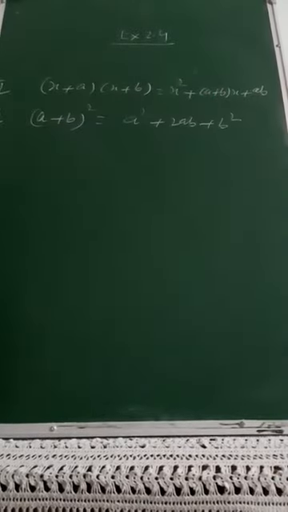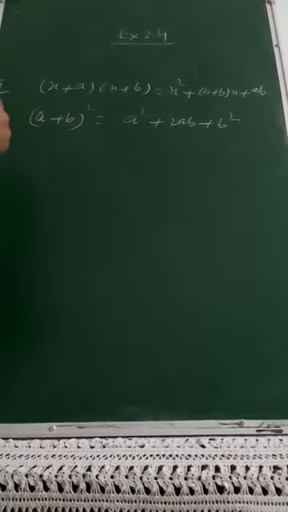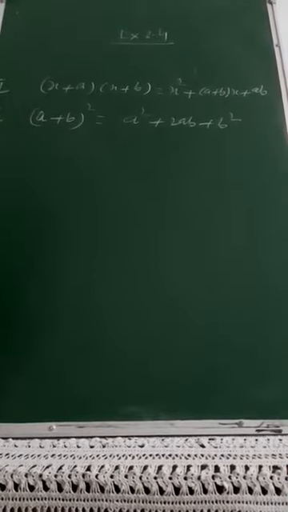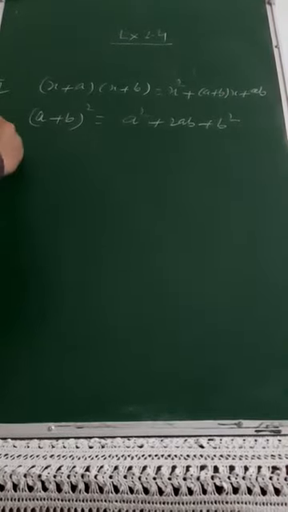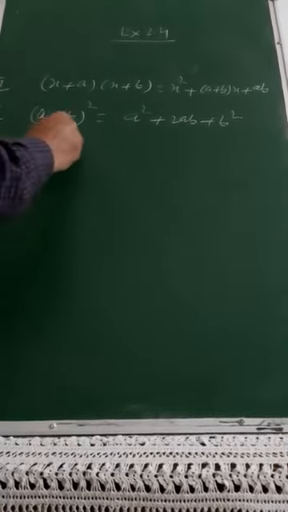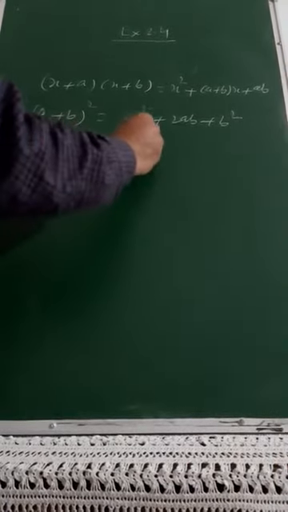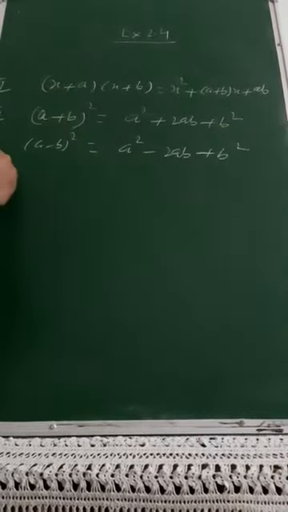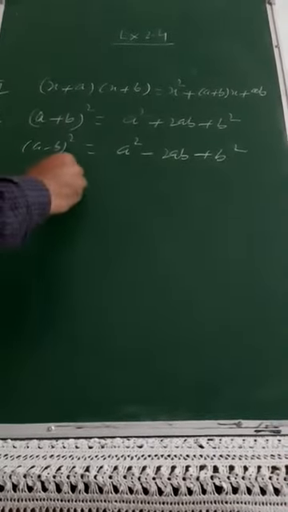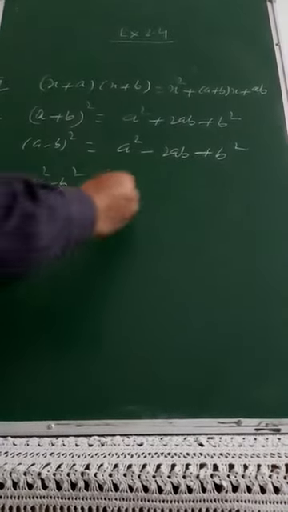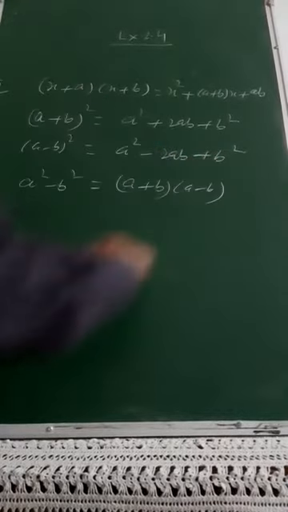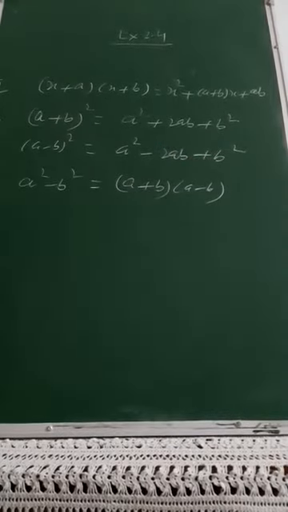In the first 4 questions, these are the identities required. Then a minus b whole square, that is a square minus 2ab plus b square, and the fourth identity is a square minus b square, which we can always express in the form of a plus b into a minus b.